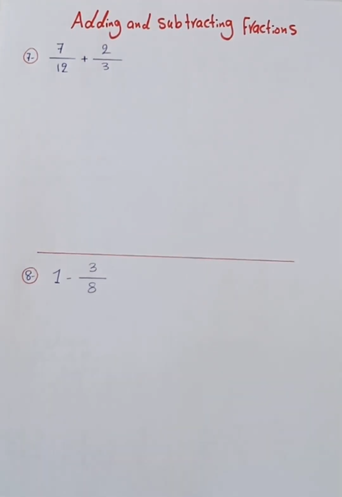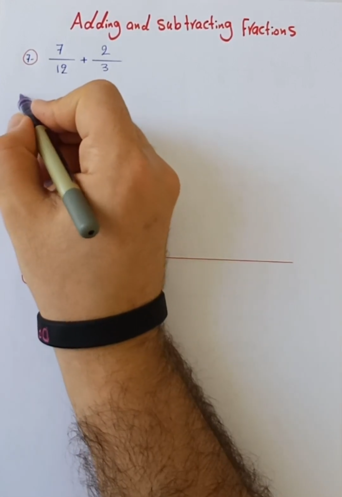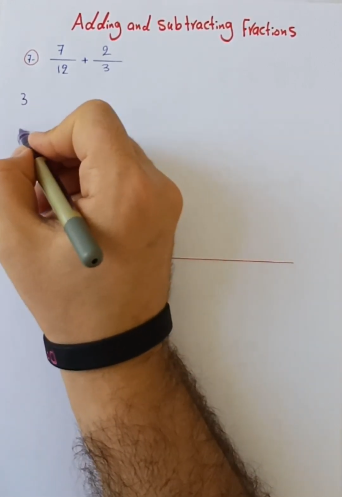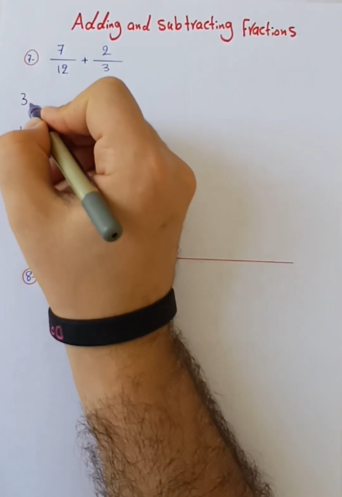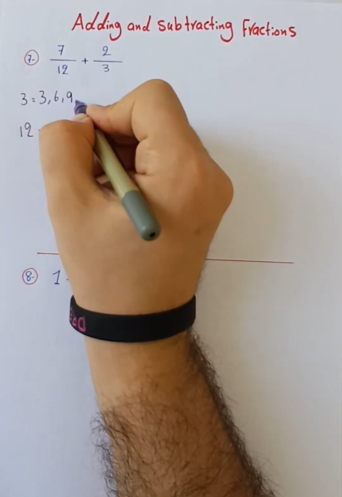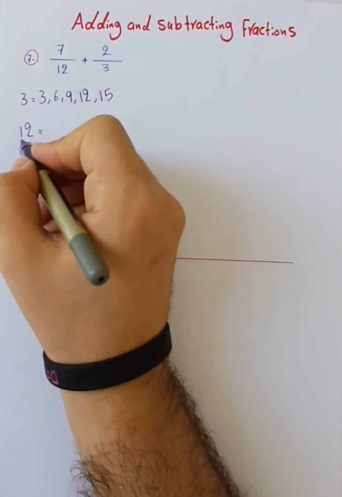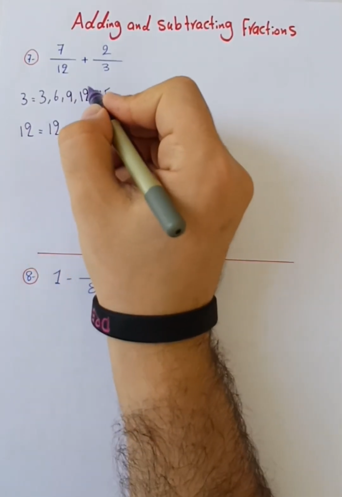After that, example number 7, we have 7 out of 12 plus 2 out of 3. We have different denominators, so you have to find the least common multiple for 3 and 12. For 3 you have 3, 6, 9, 12, 15, and for 12 we have 12.